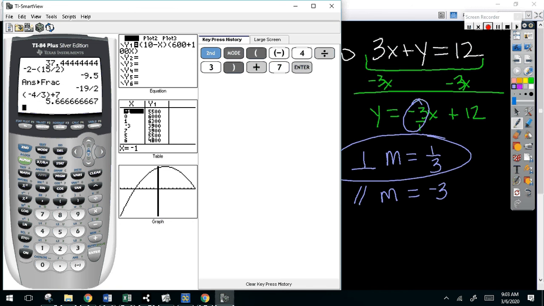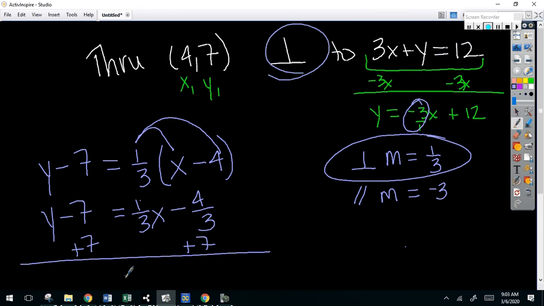I want that in a fraction, so what do I do? Math, enter, enter. 17 over 3. So I got 1/3 x plus 17 over 3.